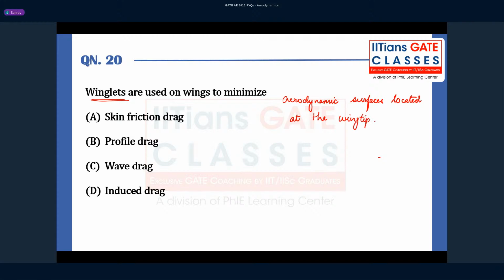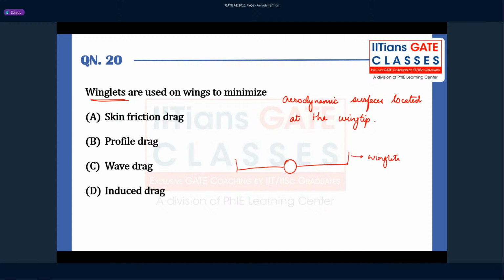Now, why are they located at the wing tip? What happens at the wing tip? You all know when you have an aircraft, let's assume this is a front view of an aircraft or a back view, whatever. So these are the wing tips. You see a vertical type of aerodynamic surfaces, right? These are nothing but the winglets.